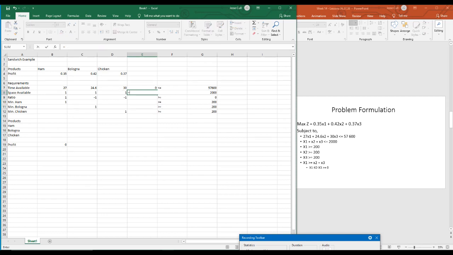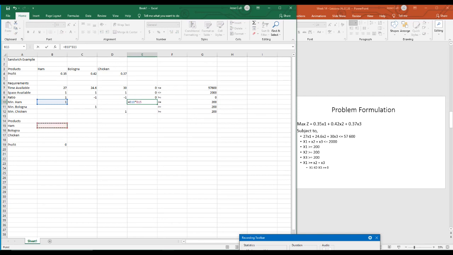So equals, again. Each of these is much simpler.